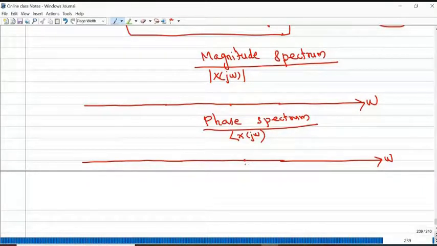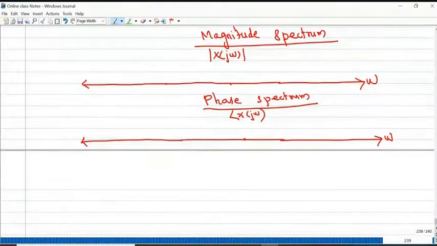So omega 0, 1, 2, 3, at least 5 to 6 positive values of omega, and on this side 5 to 6 negative values of omega. Draw the line through all these points, and you will get the magnitude spectrum and phase spectrum. You have to use the calculator to draw the spectrum. First make a table.